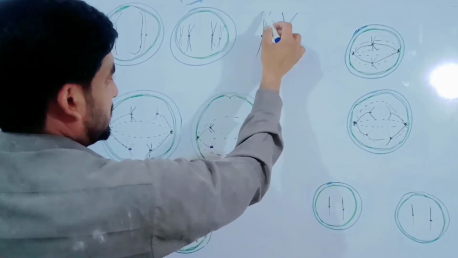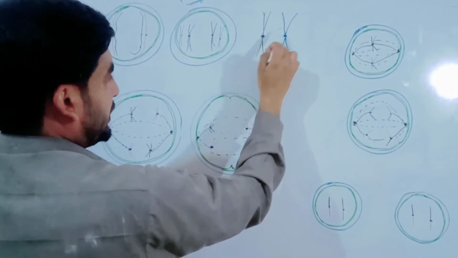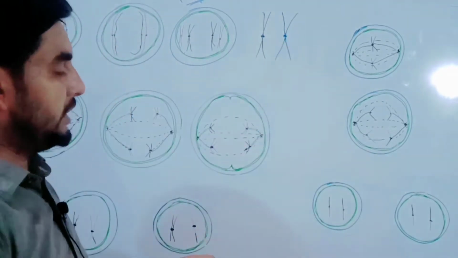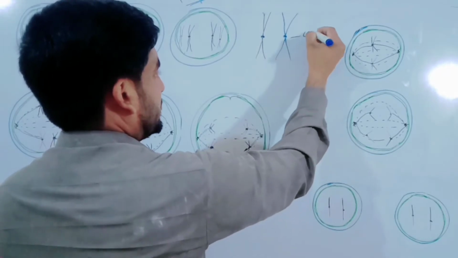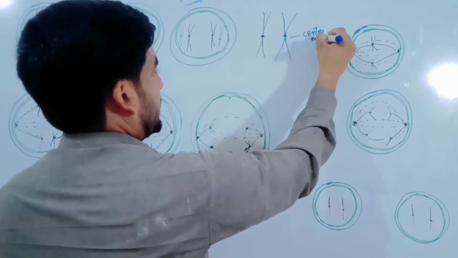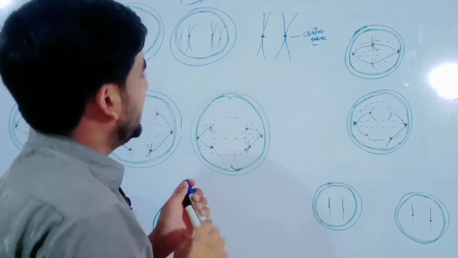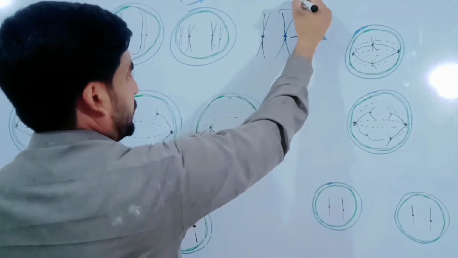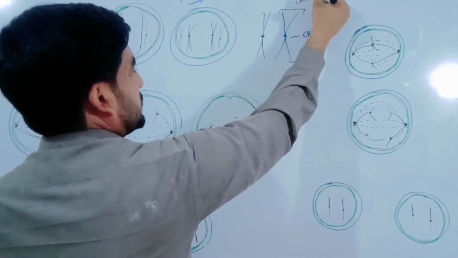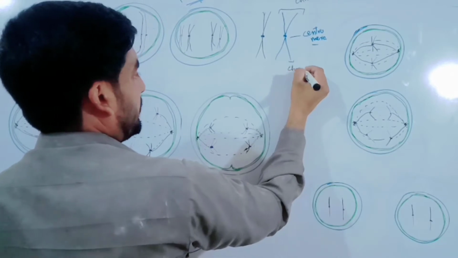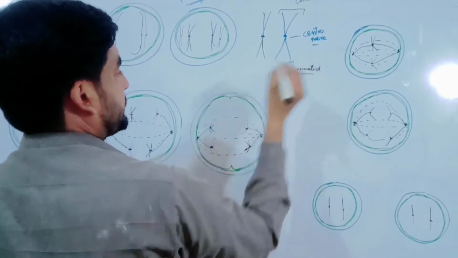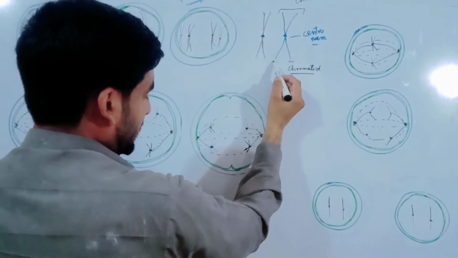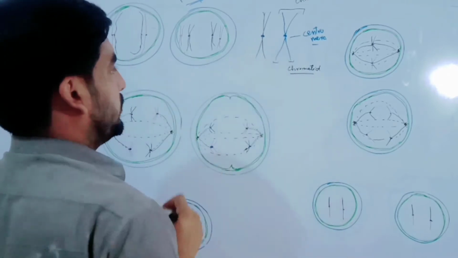This is called the centromere. This is the point where the two chromatids of a chromosome unite. This is a chromatid. This whole is one chromosome. This is a chromatid. This is called the sister chromatid of the other chromatid of the same chromosome.